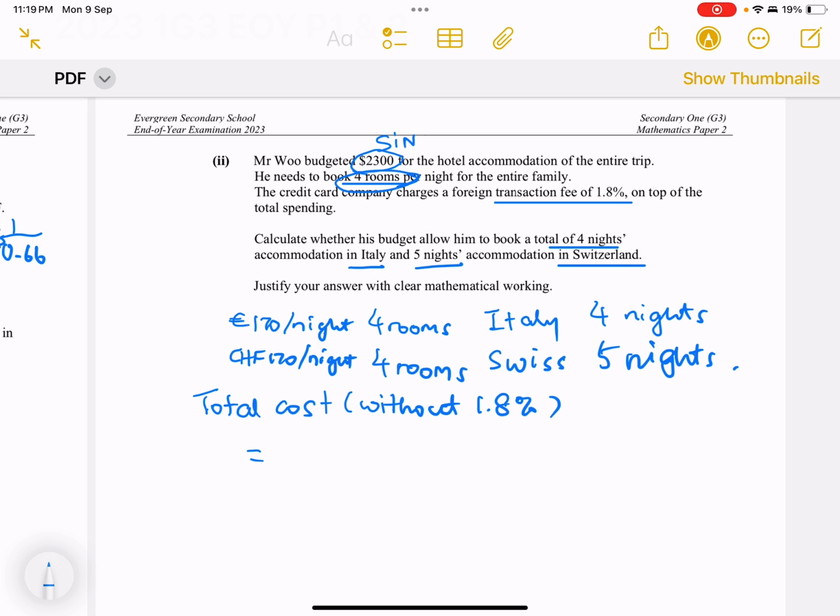Right. So now the total cost, if we don't include the transaction fee, there's a transaction fee for credit card. Okay, so let's calculate. So for 4 nights and 4 rooms, each room is 170 euros.